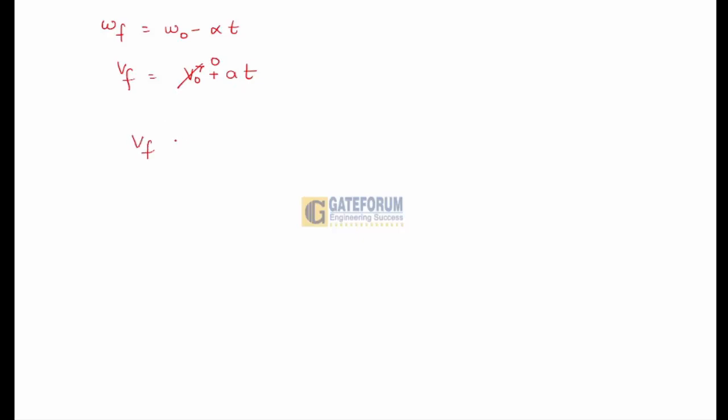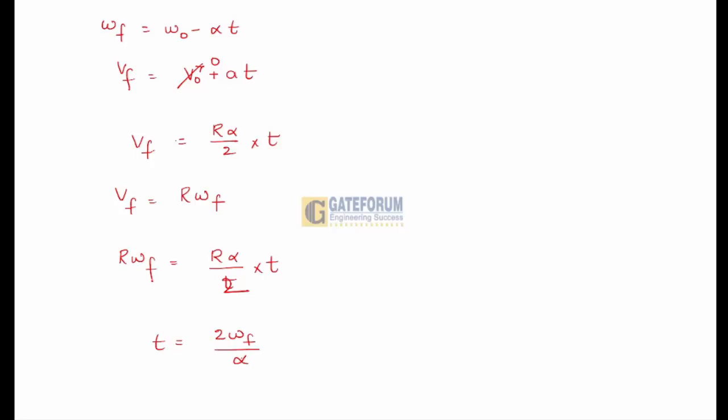Vf is equal to the acceleration R alpha by 2 into t. Vf is equal to r into omega f. So R into omega f is equal to R alpha by 2 into t. From here t is equal to 2 omega f by alpha. R gets cancelled and this will be the value of t.